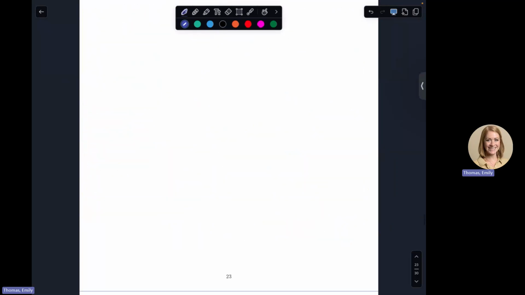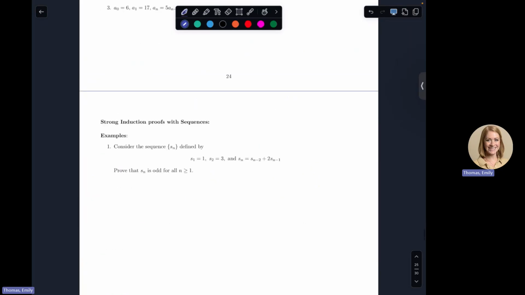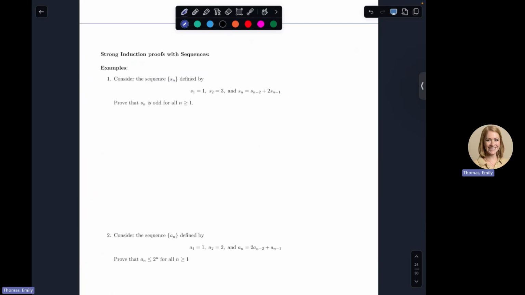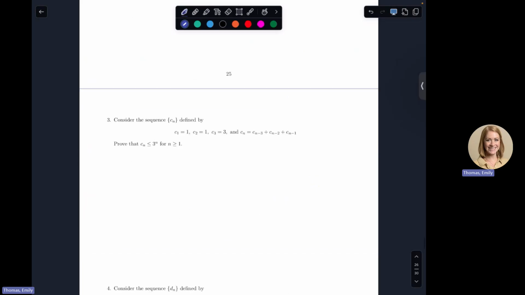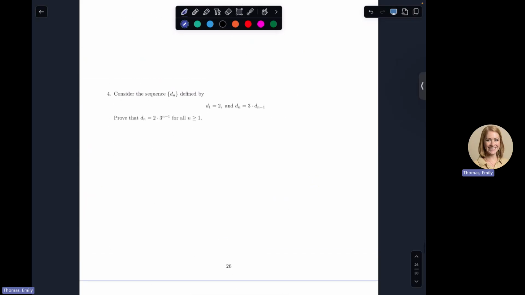But when you see stuff where everything is defined recursively, you're going to need strong induction, because to get something true about this, you need to know it's true about the two things in front of it. Other times you don't, like this one too. It's more obvious when you are looking at recursively defined sequences and trying to prove something about them.